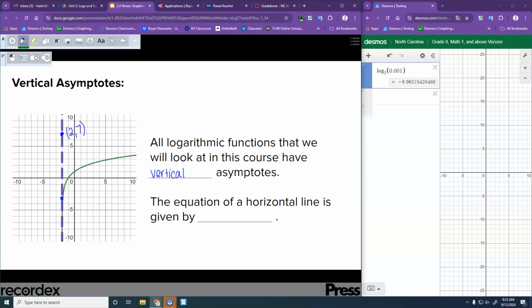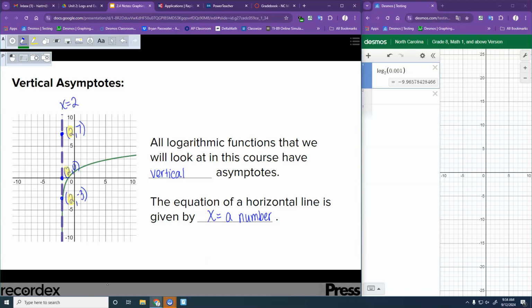This down here would be the point (2, -3). Right here is (2, 0). What do you notice about those coordinates? What is always 2? The x is always 2. So it's x equals a number. And for this one, your vertical asymptote would be at x equals 2.